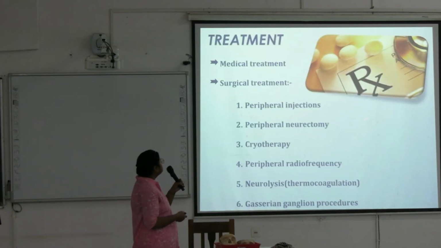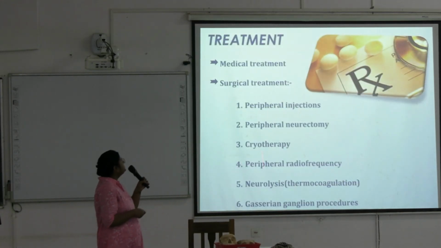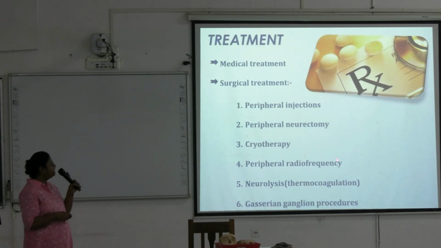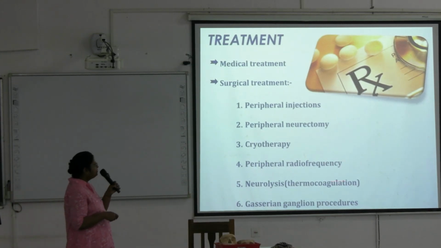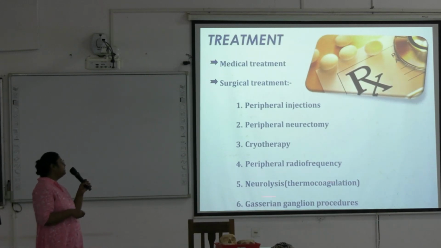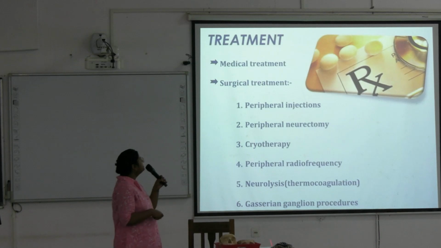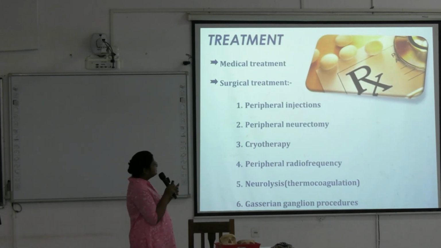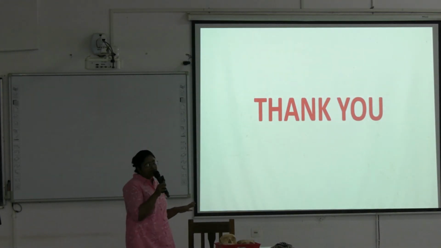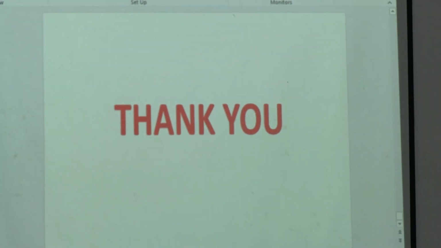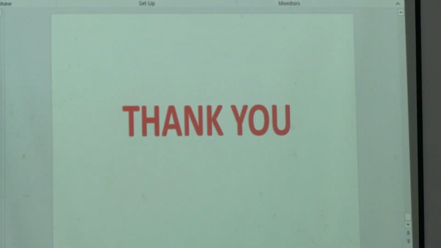Next, so these are the other surgical treatments: peripheral injections, peripheral neurectomy, cryotherapy, peripheral radiofrequency ablation, and neurolysis, and Gasserian ganglion procedures. So these are the surgical treatments for this. Next, okay, that's all. So trigeminal neuralgia is the main clinical aspect, okay.